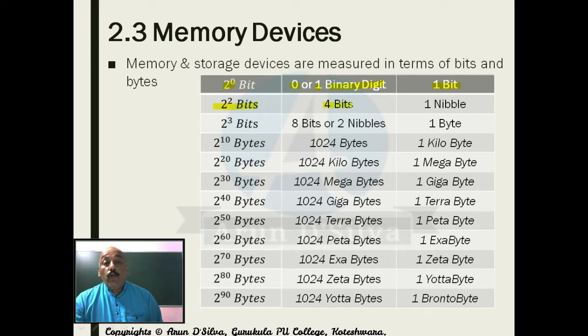These 4 bits we call 1 nibble. 2 to the power 3 equals how much? 2 to the power 3 equals 8. Now 8 bits or 2 nibbles are called 1 byte. 8 bits or 2 nibbles, we can collectively call it 1 byte.